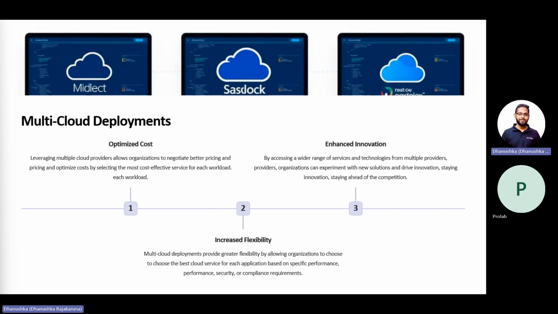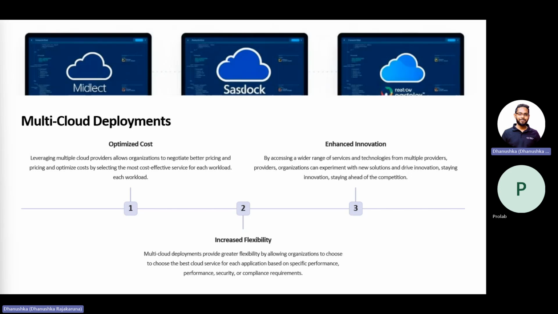The key tools and technologies for multi-cloud deployments are CMPs, cloud management platforms, or orchestration tools like Kubernetes, Terraform, and Ansible. Monitoring and observability should be done with tools like Prometheus, Grafana, and Splunk for performance tracking.